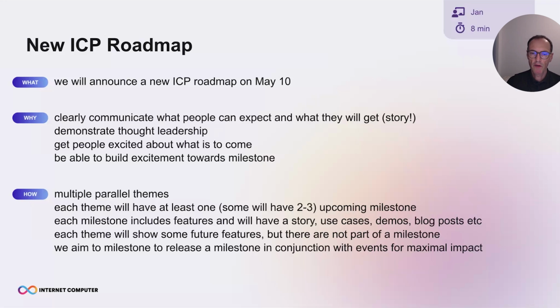We do not define a roadmap from today until eternity or the next 10 years, because the milestones will be for about the next year, maybe year and a half. Everything that lies further in the future will also have some representation on the roadmap, but there won't be milestones, and I'll show a bit of an example of that later on.